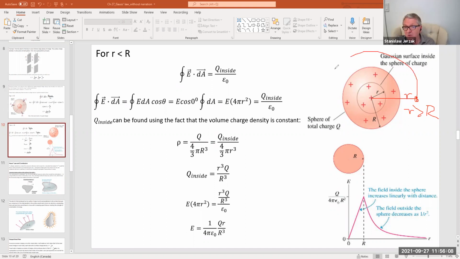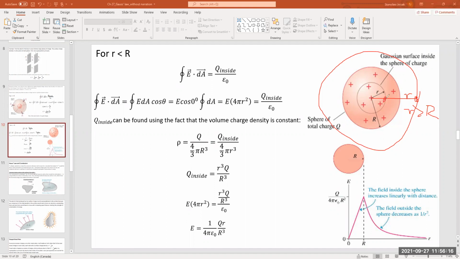But on this slide, I'm calculating the electric field inside the sphere of charge, at this point where lowercase r is now less than capital R. So I took this Gaussian surface. In both cases the Gaussian surface is spherical, but there the large Gaussian surface surrounds the entire charge, and here the Gaussian surface encloses only part of the entire charge.